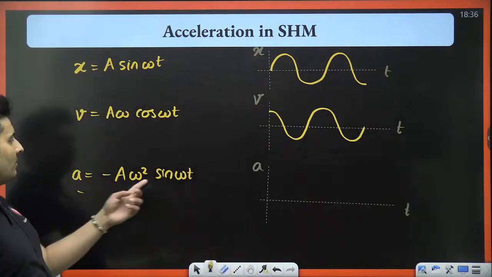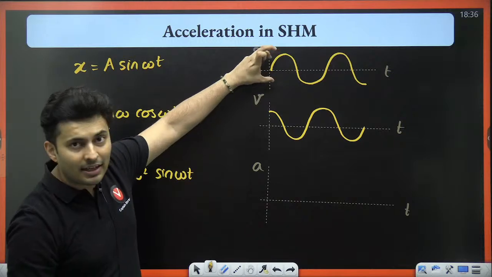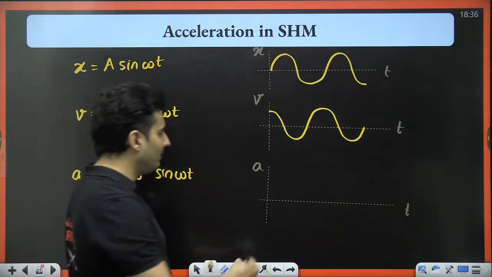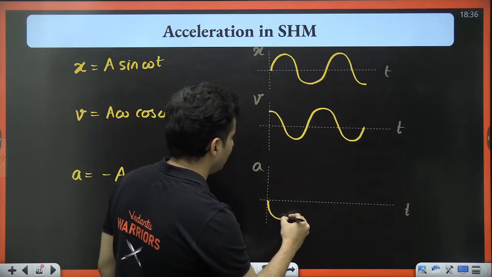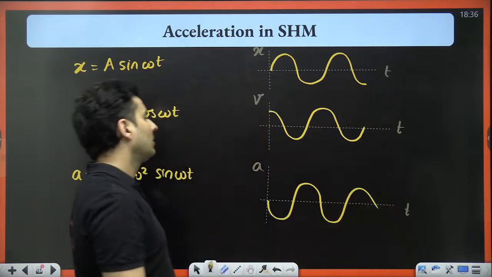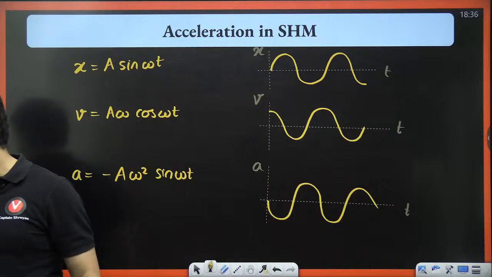And acceleration will be again sine, but with negative value. That means the sine graph should be inverted because it is negative. So just flip it, so it will look like this. Okay, so sine, cos, minus sine. That's how it will look.